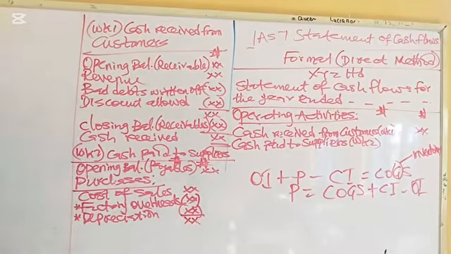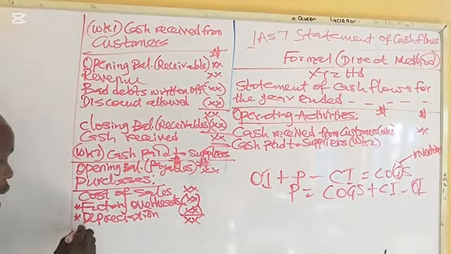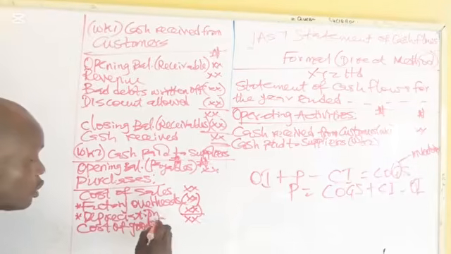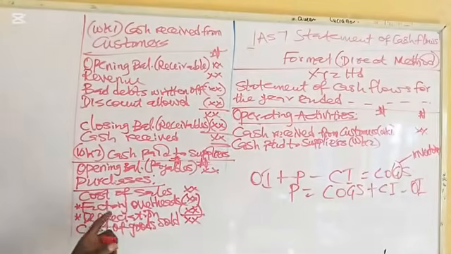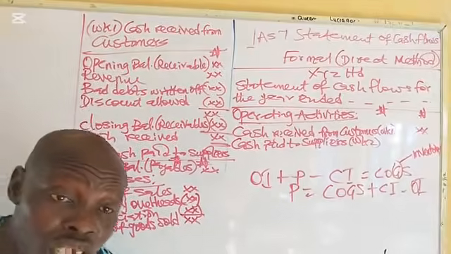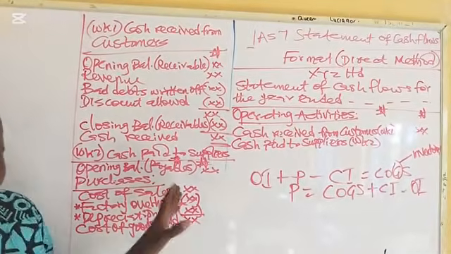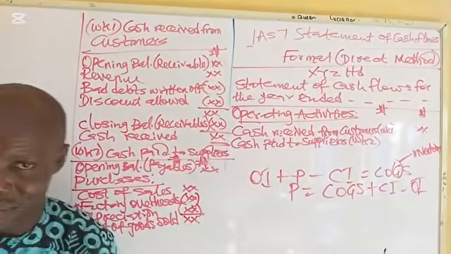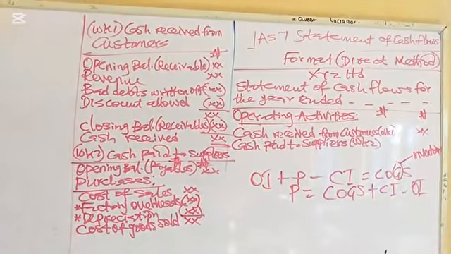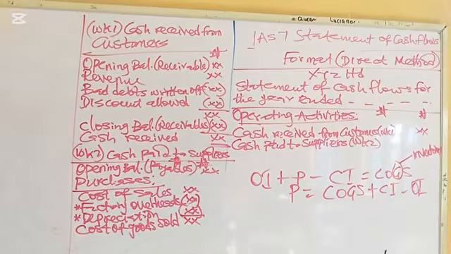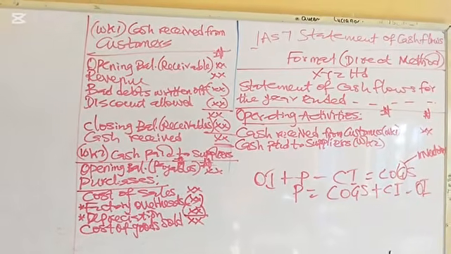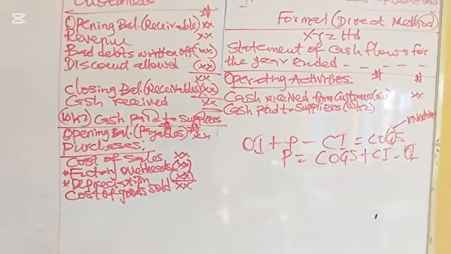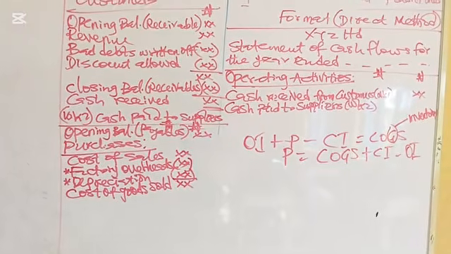Now, after this adjustment, you arrive at what? Cost of goods sold. We've eliminated the non-inventory items, so you will now get the value that relates to inventories. After the inventory related items, what next? Now, you've gotten cost of goods sold.